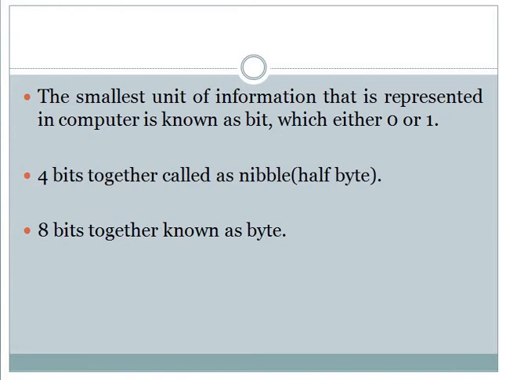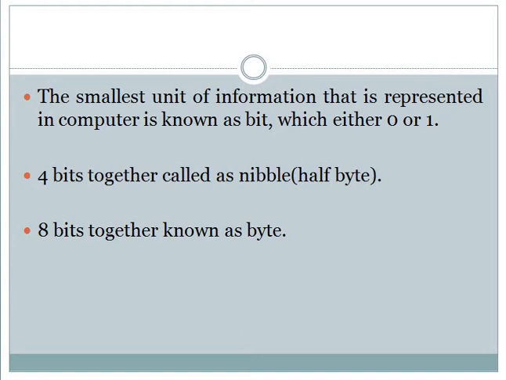In DLF we have already seen those conversions: decimal to binary, binary to decimal. These are some of the conversions we are already aware of. That is hexadecimal to binary.